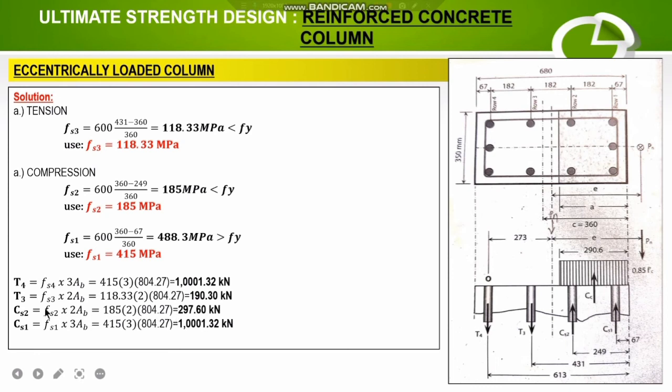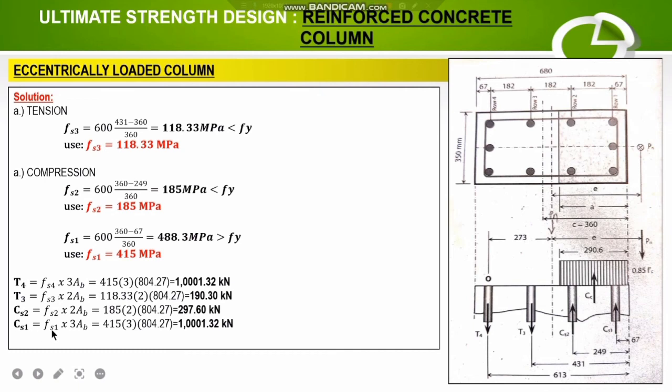Then the value of our compressive force CS2 is equal to 297.60 kilonewtons. And lastly, for our compressive force CS1, the covered area for this particular force is 3 longitudinal areas.